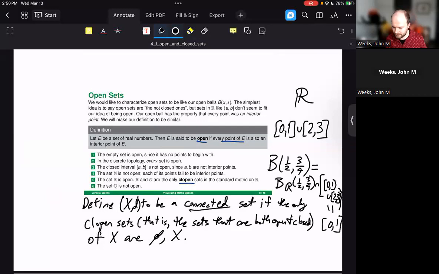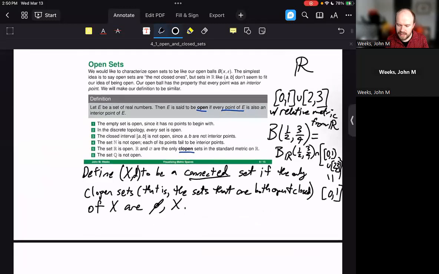Notice that this ball is an open ball centered at 1/2 of radius 3/4, but it does not contain all of the things that are outside of this set, because this is our metric space with respect to this. It's just getting the relative metric that it gets from R.